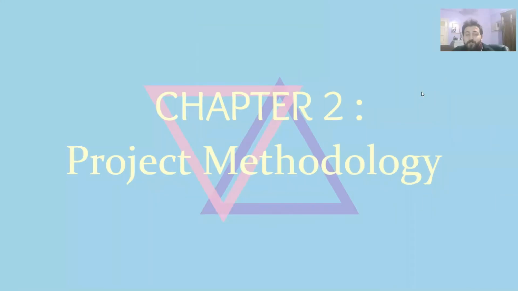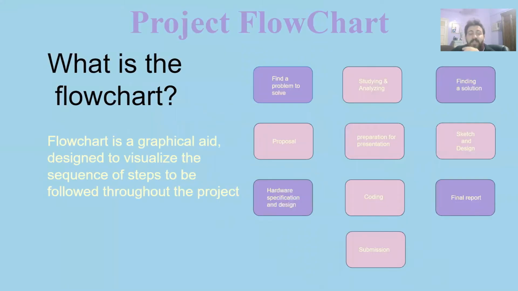Hello, this is Yahya, and now I will be talking about chapter 2 of our project, which is the project methodology. Let's start with the project flowchart. The flowchart is a graphical aid that is created to visualize the processes and the steps that the project will go through.